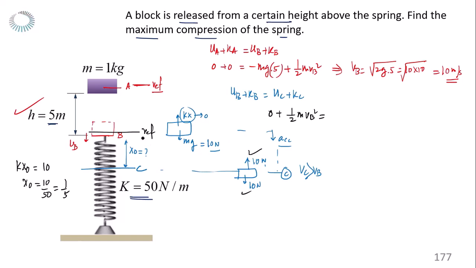From the reference point B, I am moving downward, so it is minus mg into x naught, and the spring has potential energy half k x naught square, plus half m vC square. So I am applying the work energy theorem between B and C. At point B, there is no potential energy, because the reference line is at point B. Kinetic energy at point B I have already calculated.